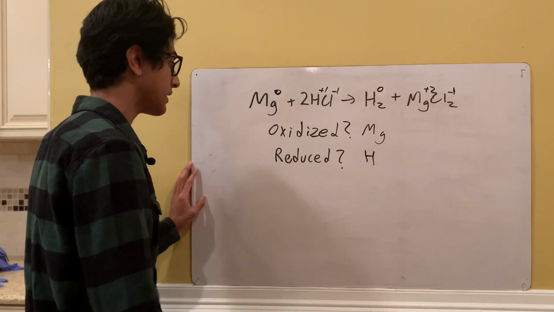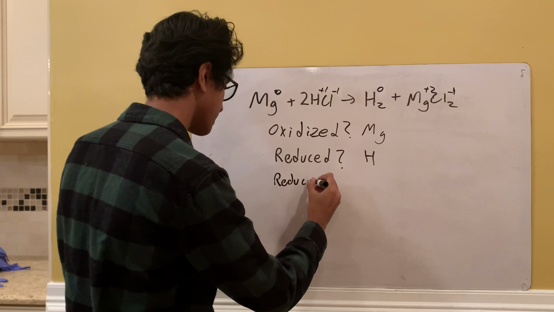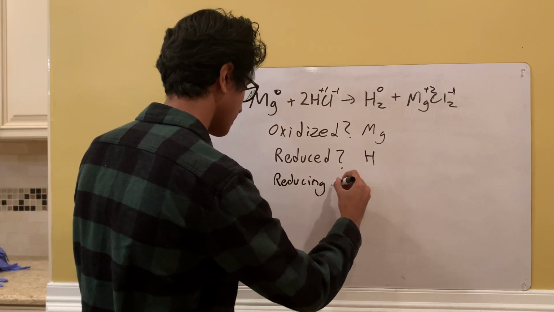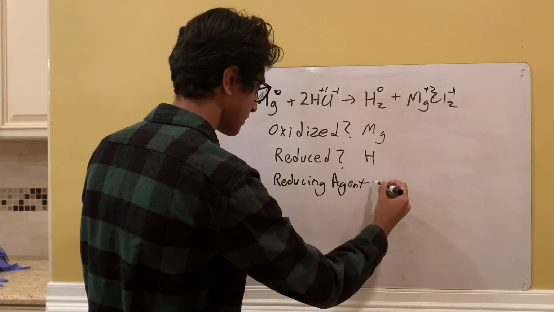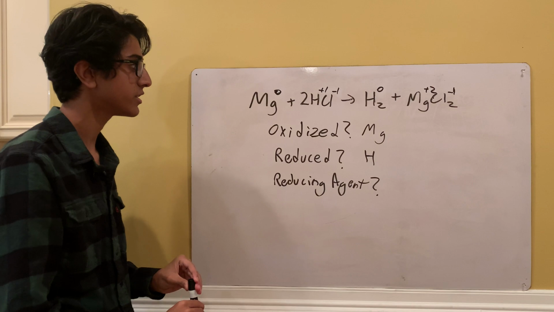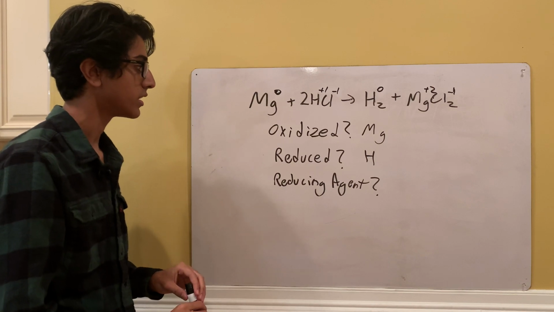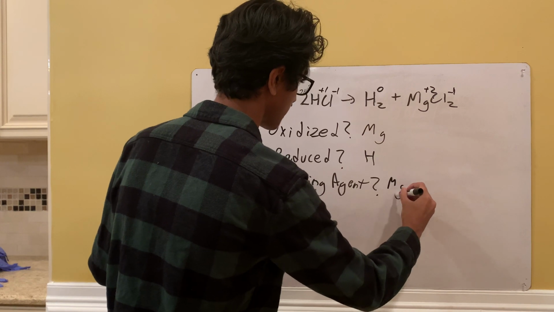Now, what is the reducing agent? The reducing agent is whatever is being oxidized, so it's Mg.